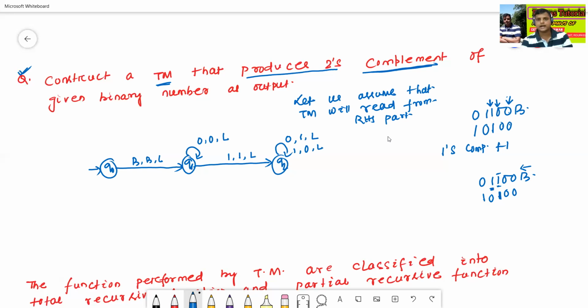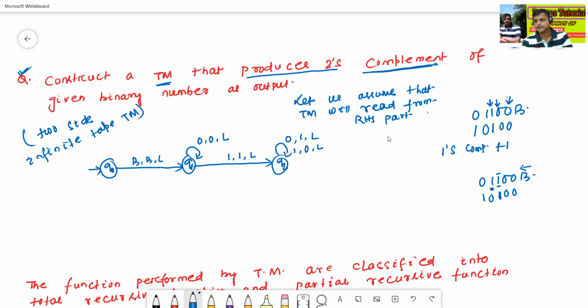Okay, and let us assume that the Turing machine reads from the RHS part, and one more thing we will assume here is that it is a two-side infinite tape Turing machine.